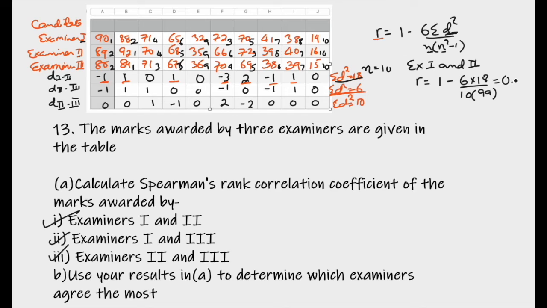So I got here 0.8909, let's say 0.891. If others are also close by, then I will see other digits. So this is the R of examiner 1 and 2. Let's talk about the R of examiner 1 and 3.